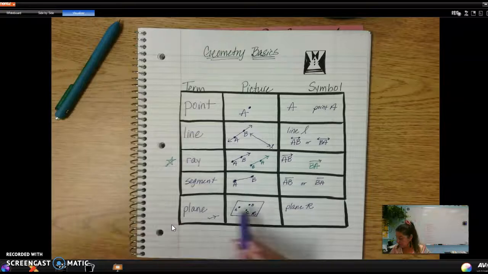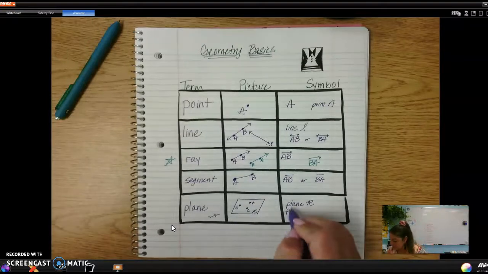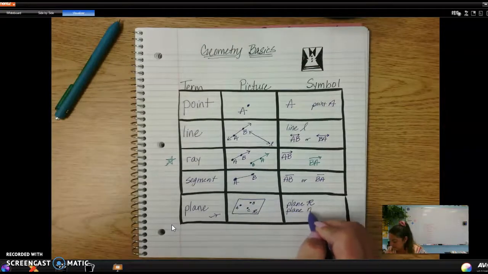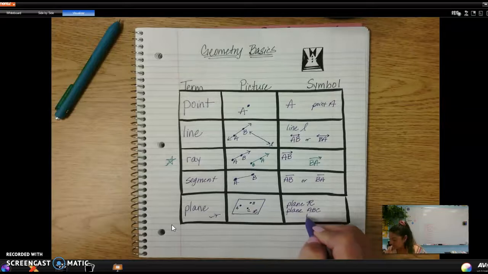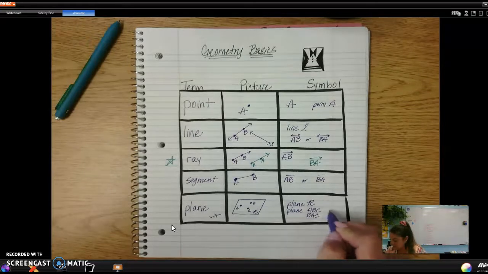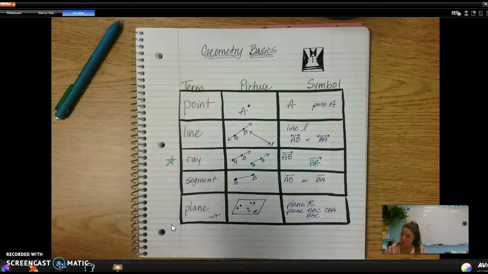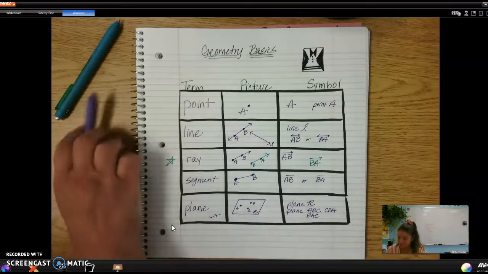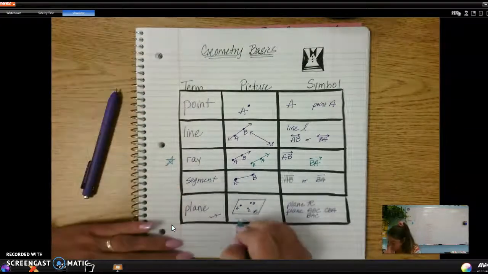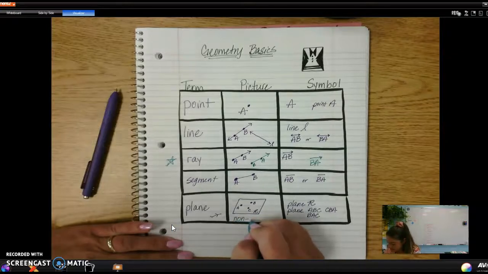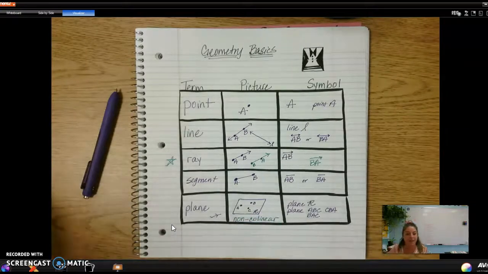And so if it looks like this, you would just say, hey, this is plane ABC, this is plane BAC, this is plane CBA. It doesn't really matter how you put the letters, as long as you have all 3 of them, and as long as they are non-collinear. That is what I meant by not being in the same line, okay?